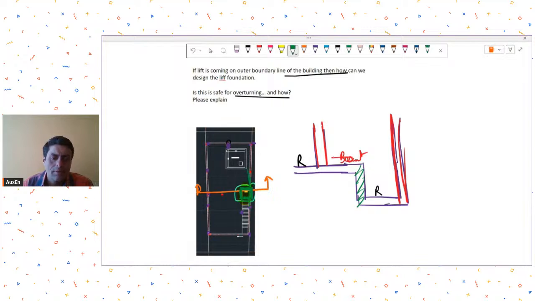And over here, maybe you can also add a wall, and these are your walls, because this was 1500 mm below the main basement raft level. So overturning, I'm not sure why you are worried about it. Which type of overturning are you worried about? I'm not very sure from this question. But this type of arrangement can be provided.